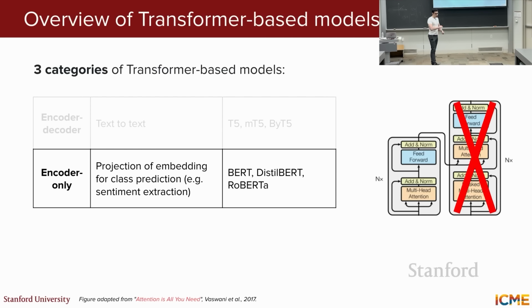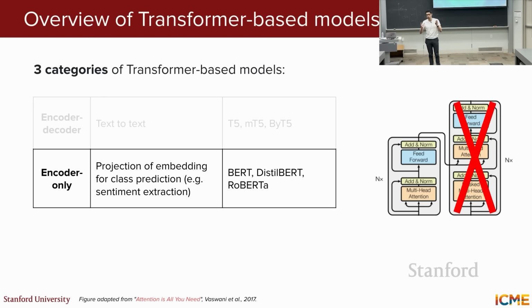And now we're going to talk about another class of transformers where you have this encoder-decoder structure, but you forget about the decoder and just deal with the encoder. You might tell me, okay, hey, you cannot do generation with this, and I would respond, yes, that's exactly the point.